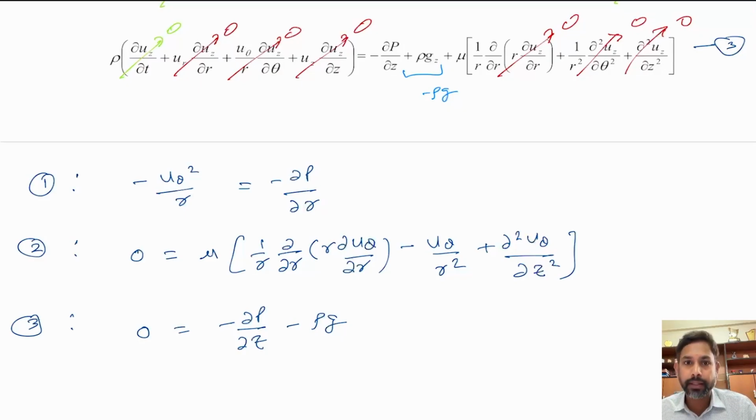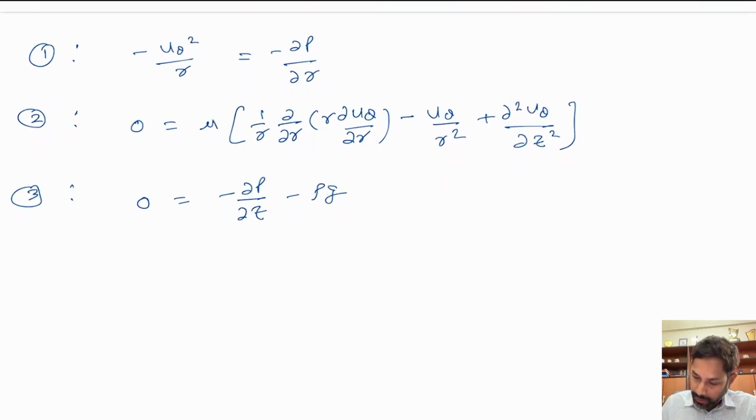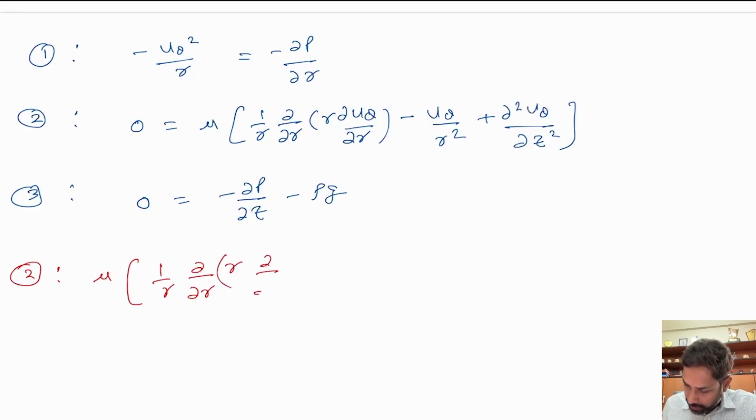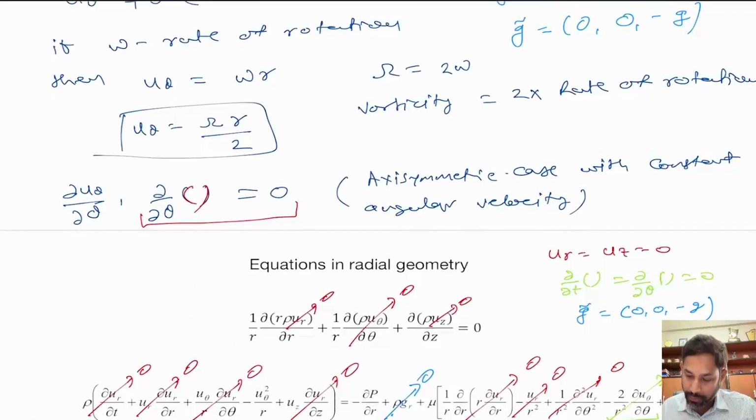Now we are going to make use of all these three equations to derive our solution. So let's start with equation number 2, because this looks more complicated than the other two, and we need to check whether this equation is actually relevant or not. So we can write mu times 1 over r d by dr of r d by dr, where u theta is something we have already defined, and that is omega r by 2.